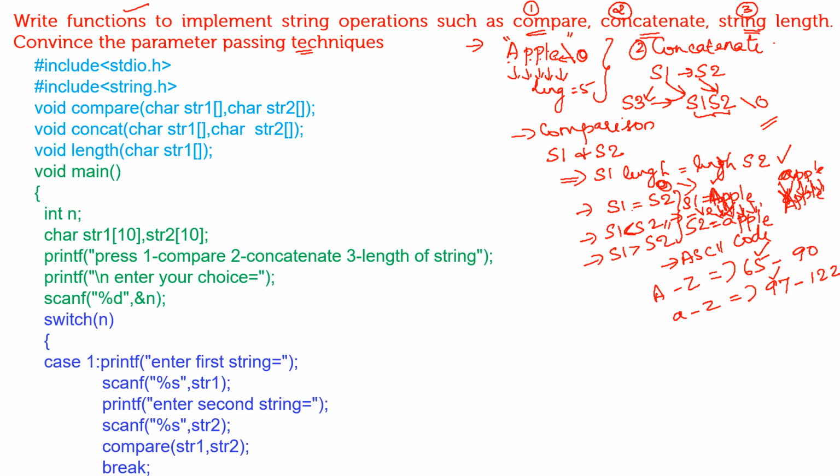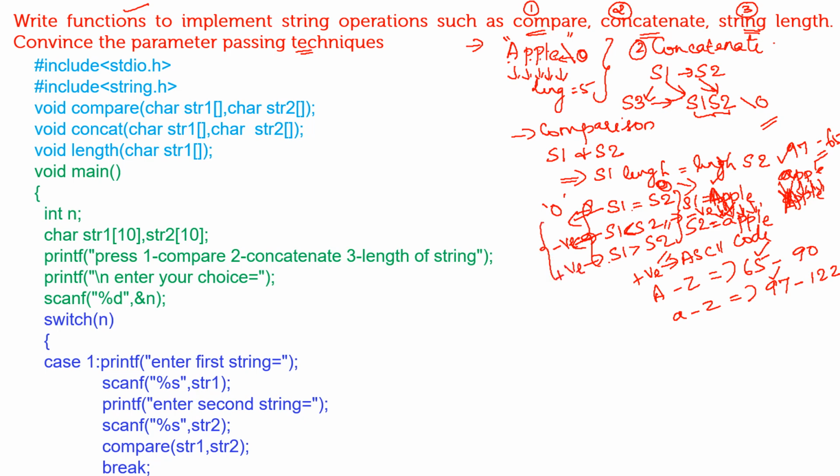Small a is 97 and capital A for the second string is 65, so it will return a positive value. So this is your concept of comparison. s1 equal to s2 returns zero, s1 less than s2 returns a negative value, and s1 greater than s2 returns a positive value.